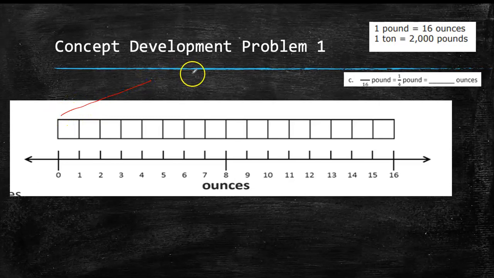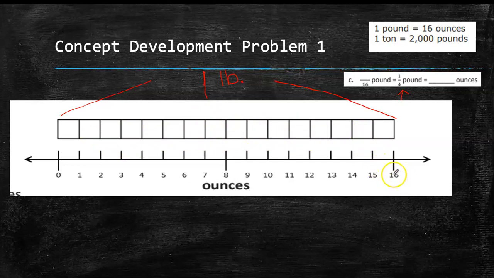We already know that this is the 1 pound. So I'm going to label this 1 pound. I now need to divide this 1 pound not into 16 pieces, but how many pieces did you divide yours into? That's right, 4. So I need to figure out where to partition for 4.